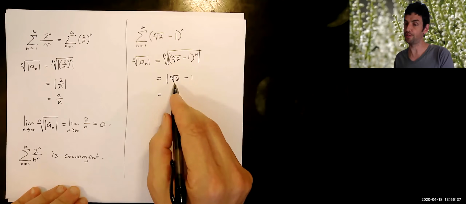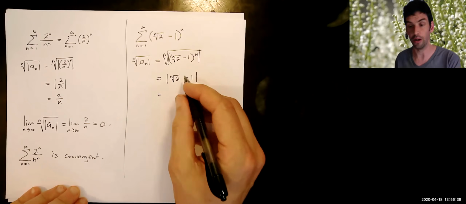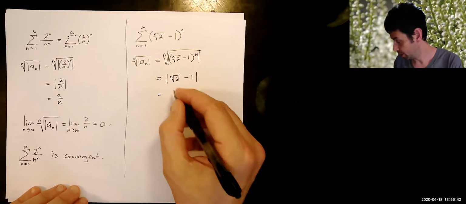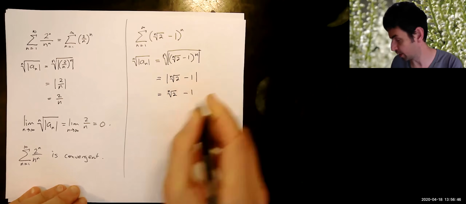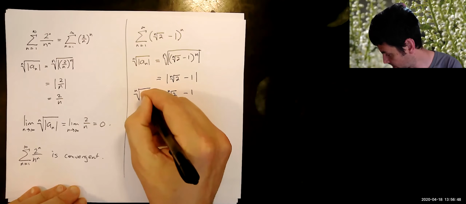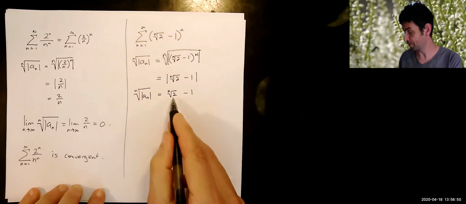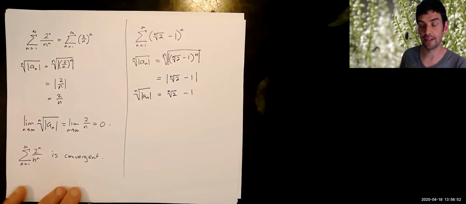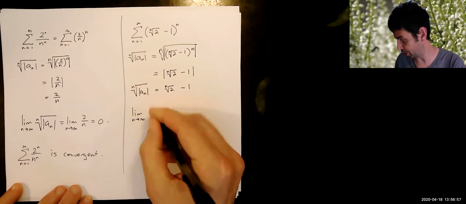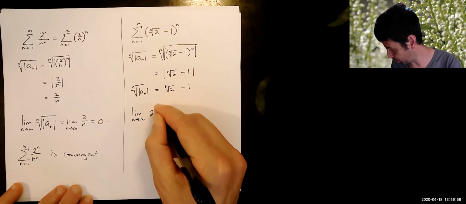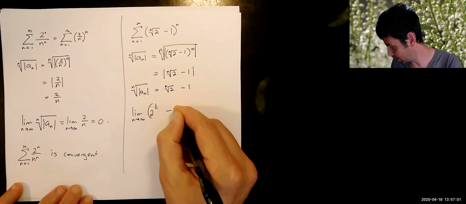The nth roots of 2 are always bigger than 1, right? So I can drop the absolute value and get this. Okay, and so this is the thing I need to take the limit of. So we're looking at the limit as n goes to infinity. Let's maybe write this as 2 to the 1 over n minus 1.